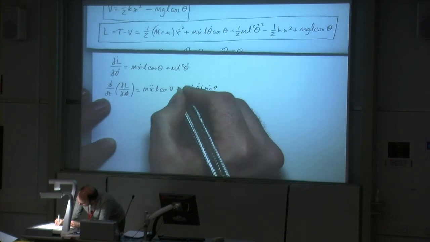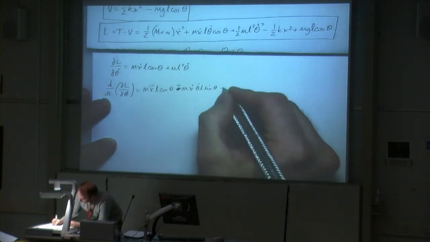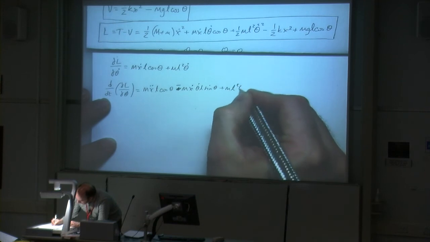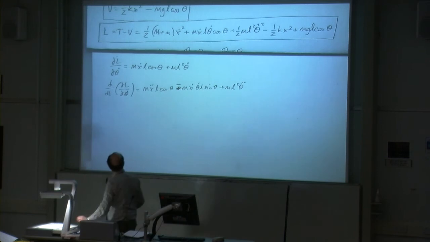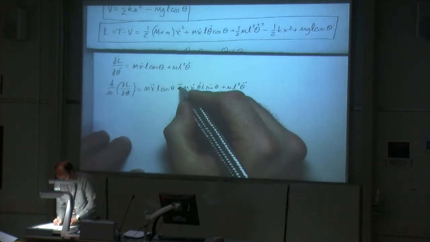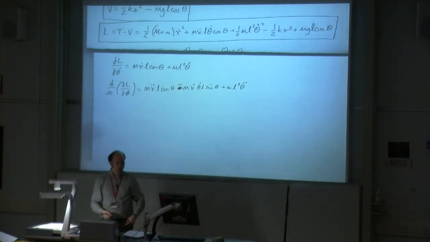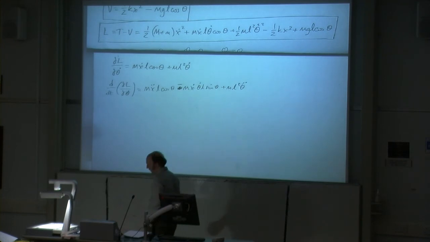Again, I've made the mistake, that's supposed to be a minus there. And then here it just becomes plus m l squared theta double dot. So again, that's a minus sign between those terms because the differential of cosine is minus sine. I need to think about that when I start writing the operator.